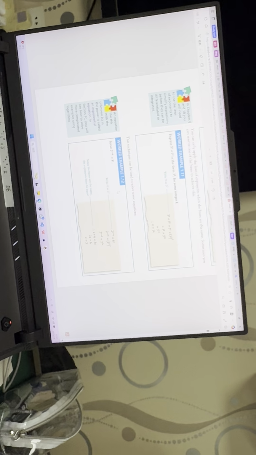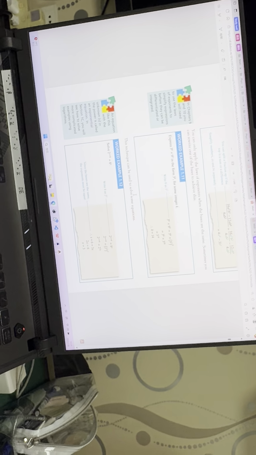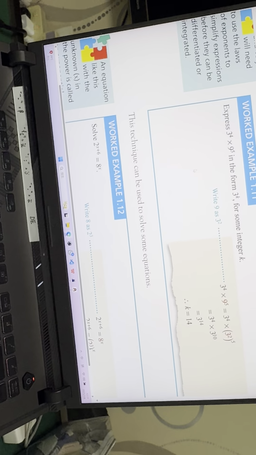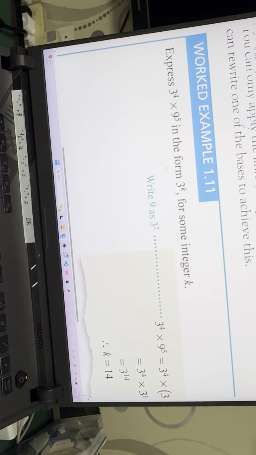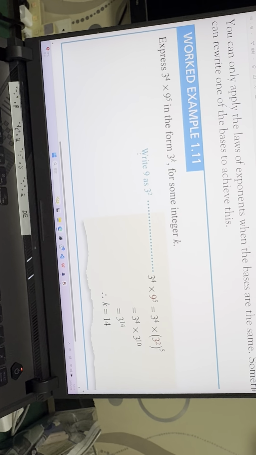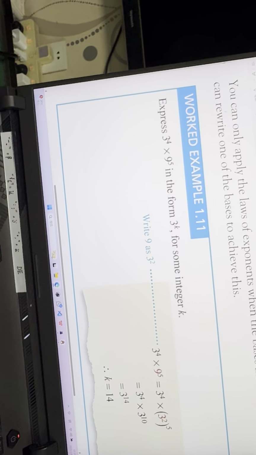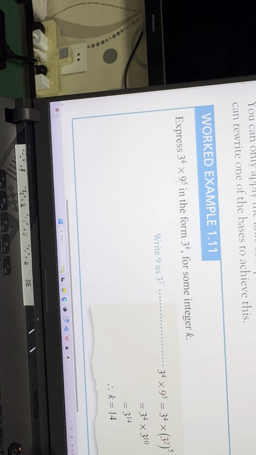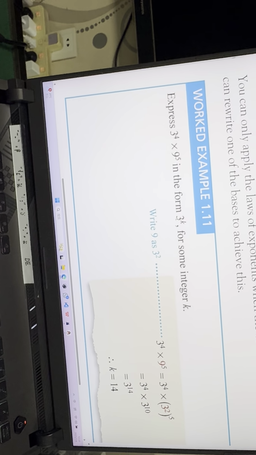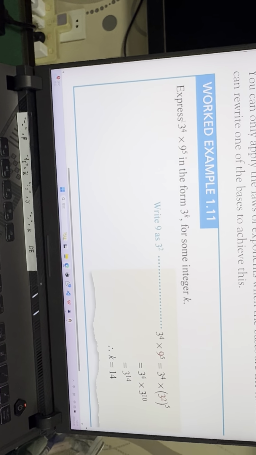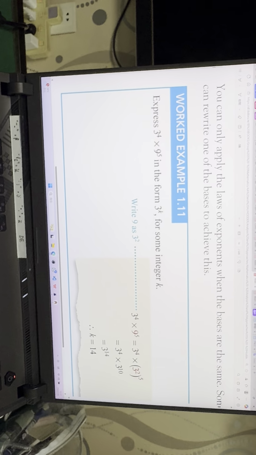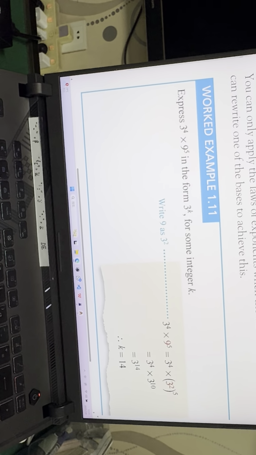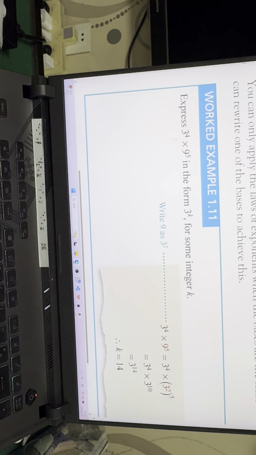Okay, let's go. Actually, I want to talk about this question. Express 3 to the power of 4 times 9 to the power of 5 in the form 3 to the power of k. The base we need is 3.